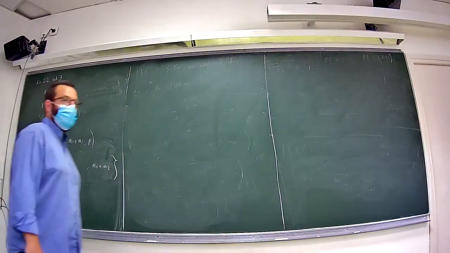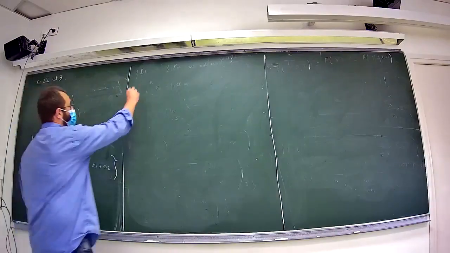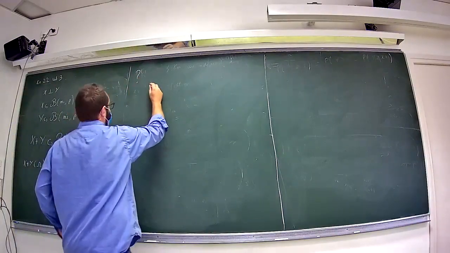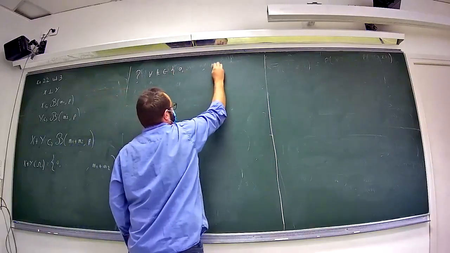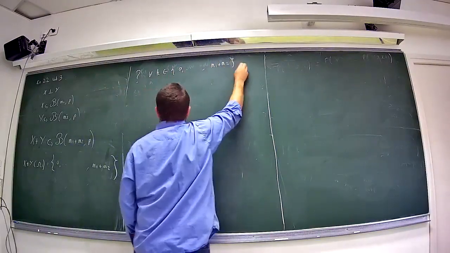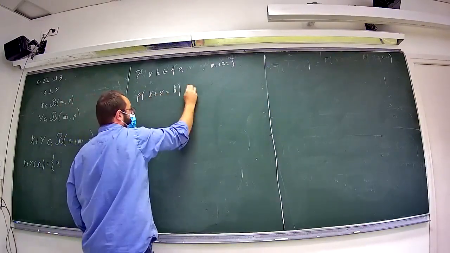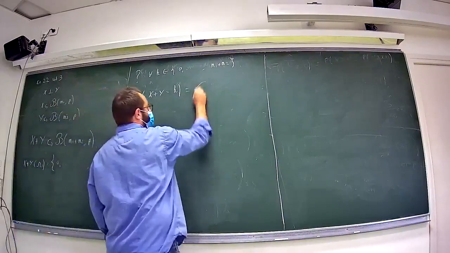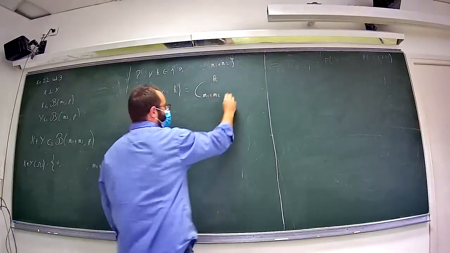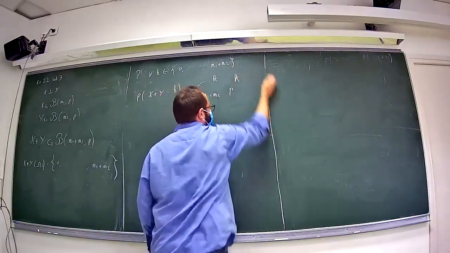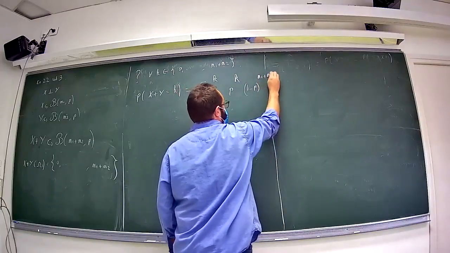And if I want to prove what I want to prove, using the definition you have on the slide, what I have to prove is that for all k belonging to 0 to n1 plus n2, the probability that X plus Y is equal to k is equal to C(n1 plus n2, k) p to the power k, (1 minus p) to the power n1 plus n2 minus k.